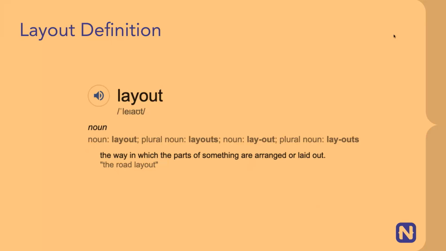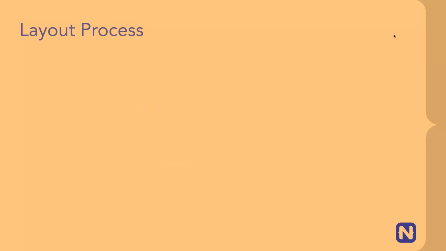What is a layout? In general, the most general definition is the way in which parts of something are arranged or laid out, right? It's like how I lay out my slides or how the room or the wall is laid out. We could also think of layout as a process.